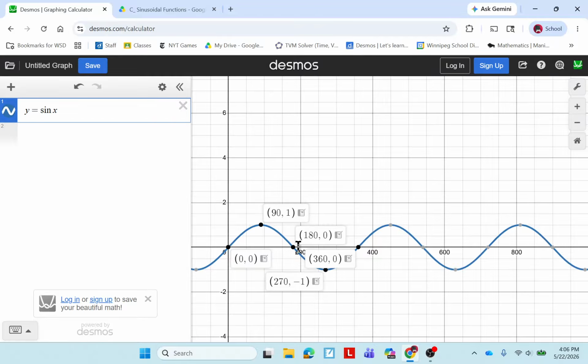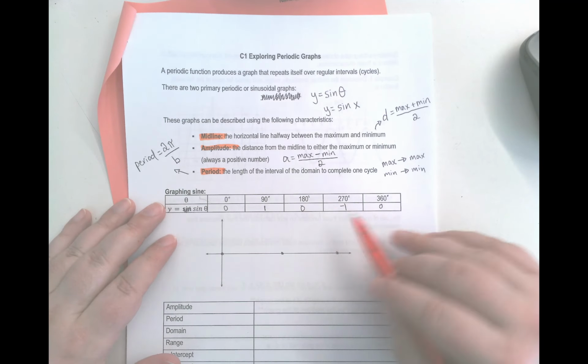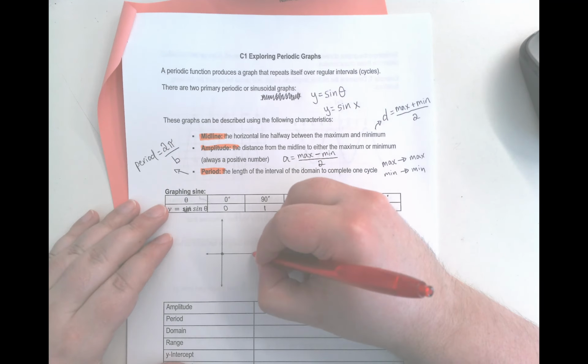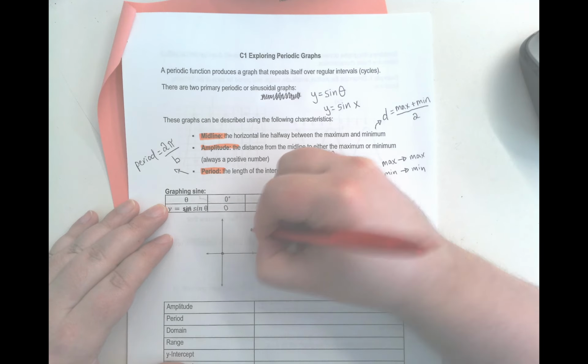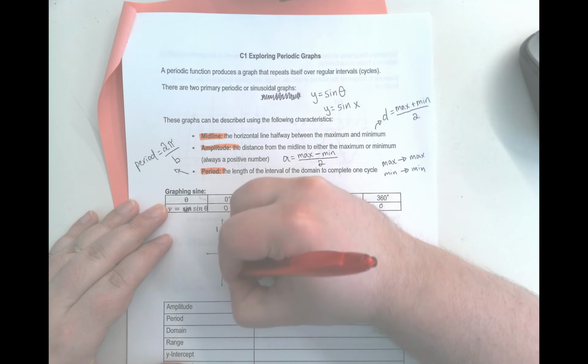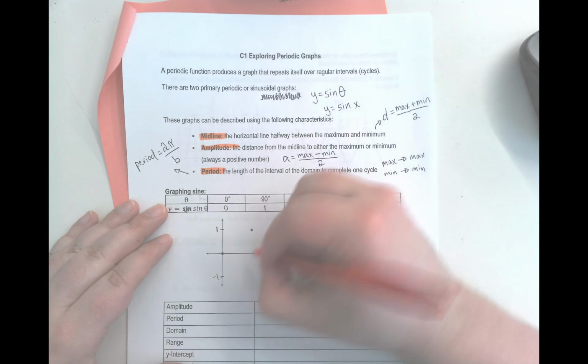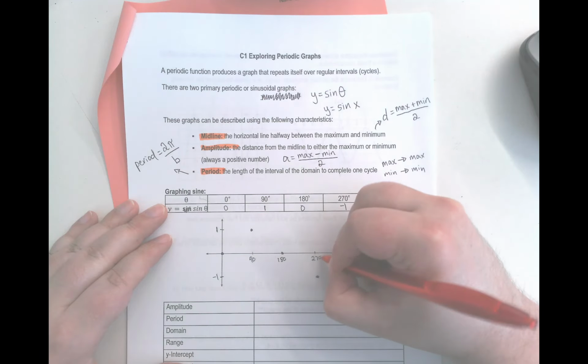So I'm going to switch back here to my notes screen. I filled in that table with 0, 1, 0, -1, and 0. In between, we hit a maximum value of 1 and a minimum value of -1. I'm going to label those, and I'm going to label my degree values as well.